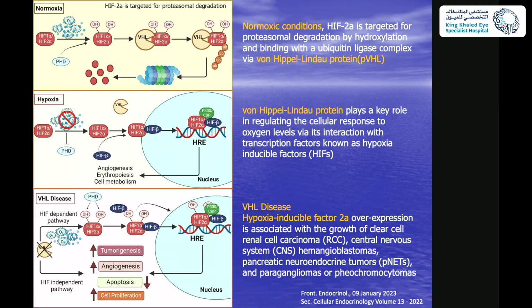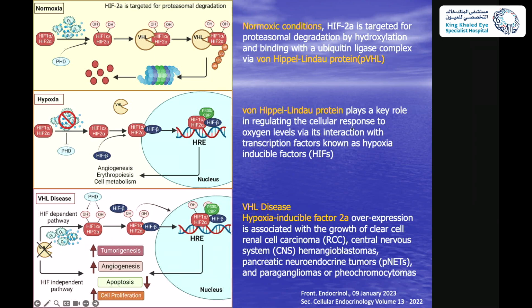So here is the pathophysiology of von Hippel-Lindau. In von Hippel-Lindau disease, you have this hypoxia-inducible factor 2 alpha that's overexpressed because the von Hippel-Lindau protein is blocked. This hypoxia-inducible factor 2 alpha is an important factor, and its degradation, like of VEGF products, is mediated by the von Hippel-Lindau protein.